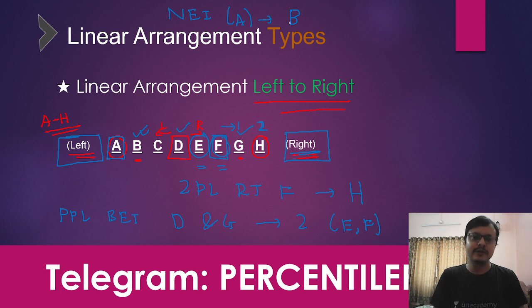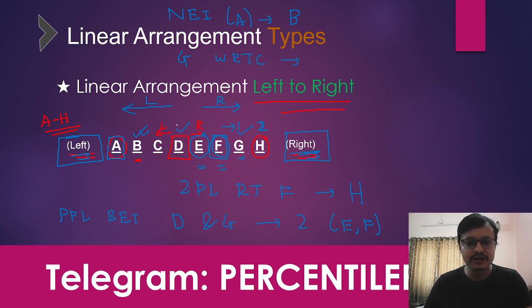So always remember, in linear arrangement left to right, as seen here, this is left, this is right, which means anybody on this side would be left, anybody on this side would be right. For example, if they ask you where G is with respect to C, what will be the answer?